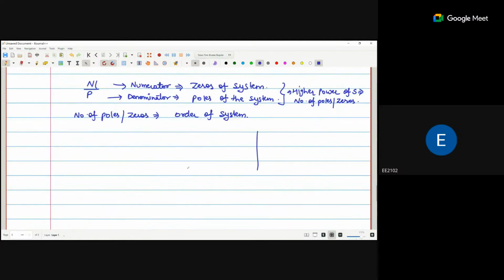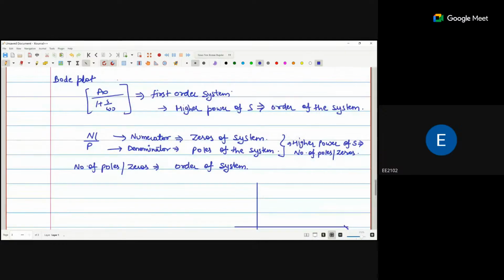So if you draw the Bode plot, that is your omega. If you see here, 1 plus S upon omega naught is equal to 0. That defines the position of the pole.